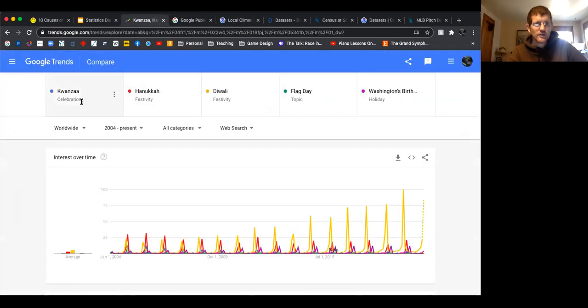This is Google Trends, and there might be other things you can do with it, but you can basically look up search terms, and it gives you this time plot that shows where it was most popular. And they do this kind of on a relative scale. So it's relative to the most popular. So apparently Diwali was the most popular search term in October 2019. And so it gets this 100 rating. And everything else is relative to that.